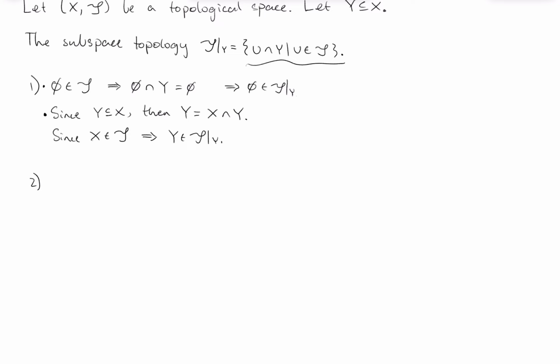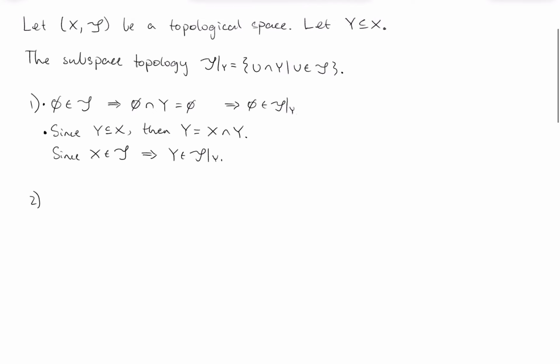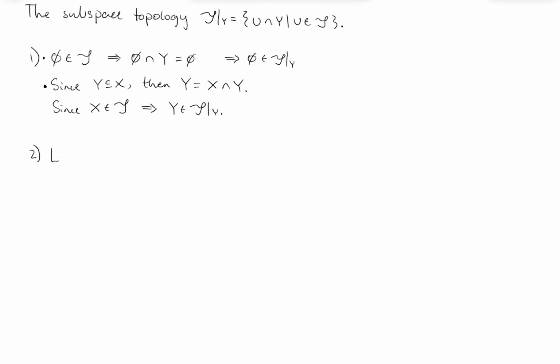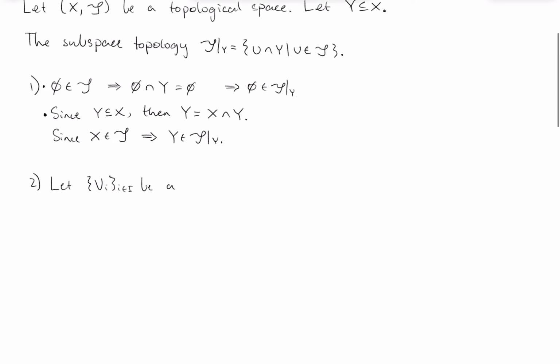You take a collection in an arbitrary fashion, then take an arbitrary union of them, and we want to show that it still fits inside this subspace topology. So we're going to take this collection V_i, where i is in some index set, to be a collection of sets in the subspace topology.